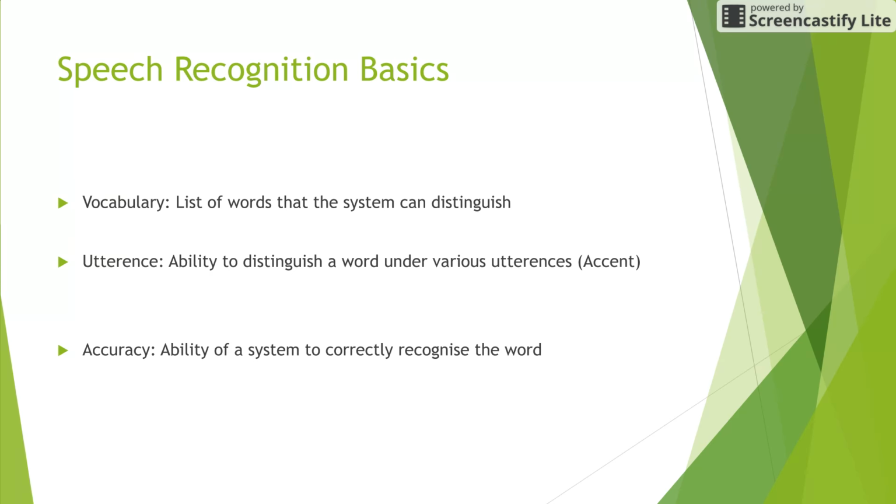It's very primal for speech recognition software to differentiate two different accents, because every two persons have different accents from each other. And this is where the speech recognition algorithm has to be accurate, and its ability should be to recognize the word correctly, even when the vocabulary and utterances are different from each other.